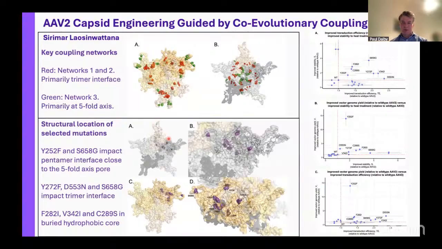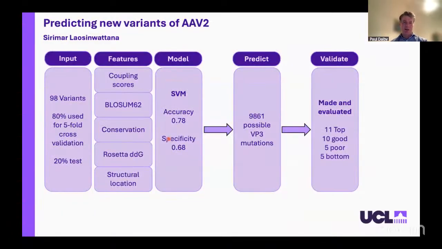build some kind of predictive model, and we're all into machine learning these days, so that's the approach she took. She fed those variants in, and we calculated a set of features related to each of those mutations: how strongly they coupled in the networks, something called BLOSUM62, which is a score of how similar the residues are that you mutate from and to, how conserved the target site for mutation was, the Rosetta prediction of the change in stability, and also the location in a categorical sense, where we've set out a bunch of locations in the AAV capsid.